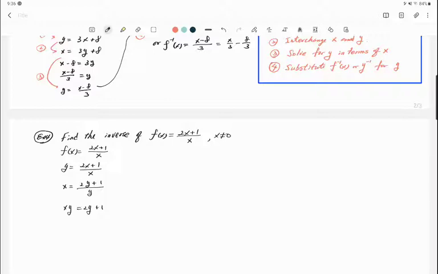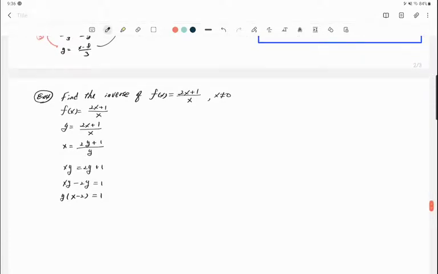All right, can you see it? And then collect the y terms, because we want to solve for y. So collect all y terms. So xy minus 2y equals 1. And then factor out y, right? And then divide each side by x minus 2.